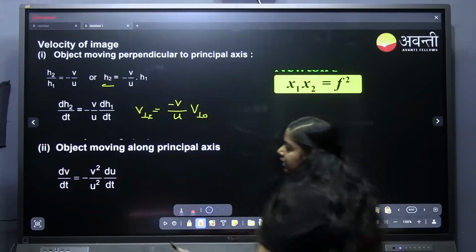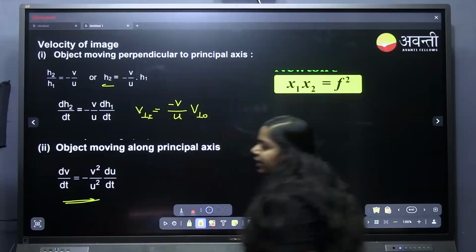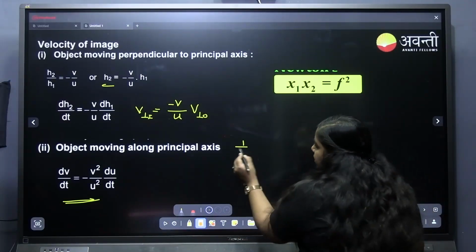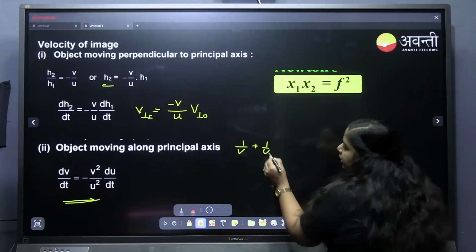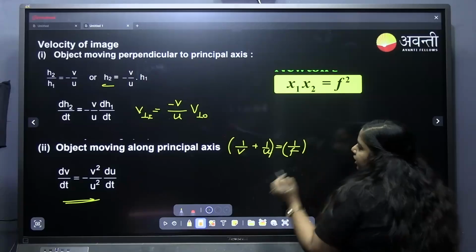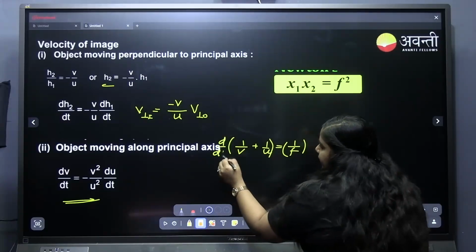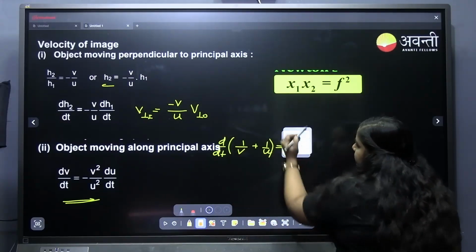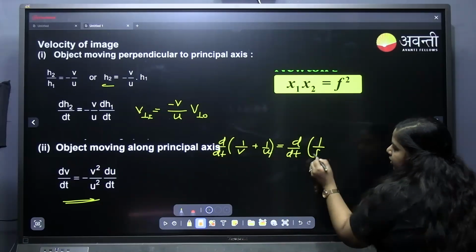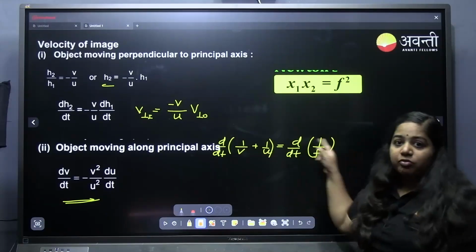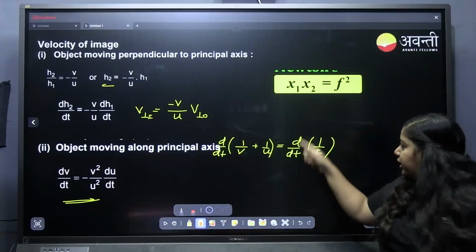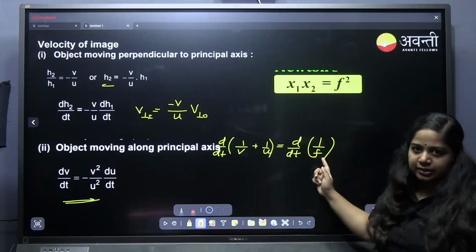In that case, we get this equation by differentiating the mirror formula. Mirror formula is 1 by v plus 1 by u equal to 1 by f. Both sides we differentiate with d by dt. Focal length is a constant value, so if you differentiate it, this side will be 0.